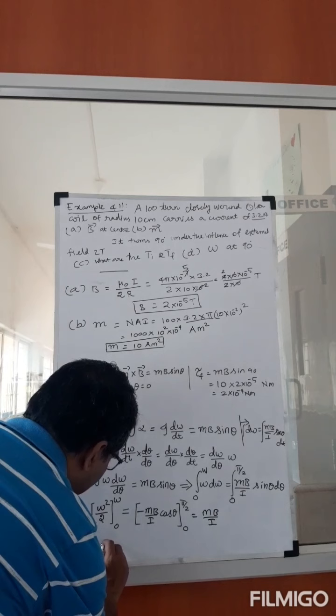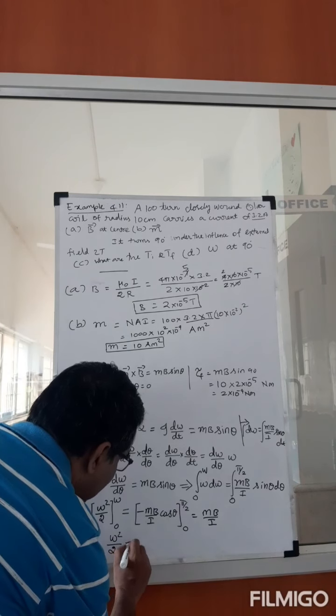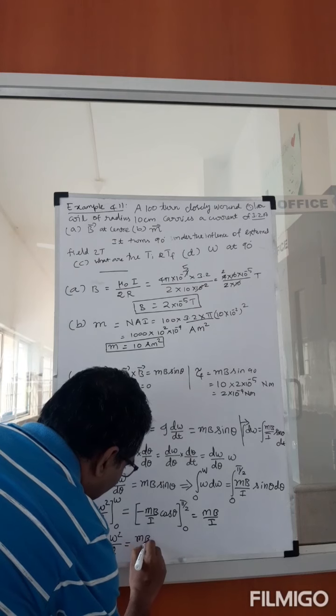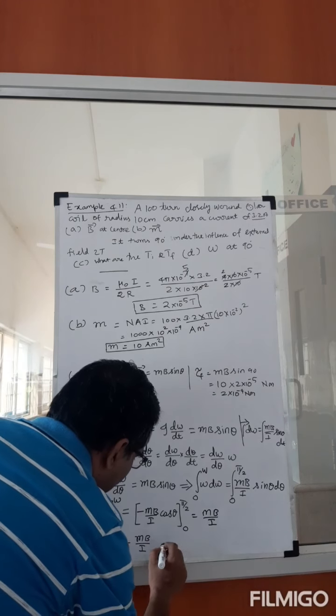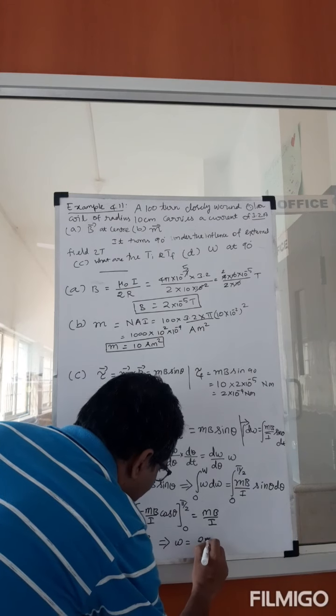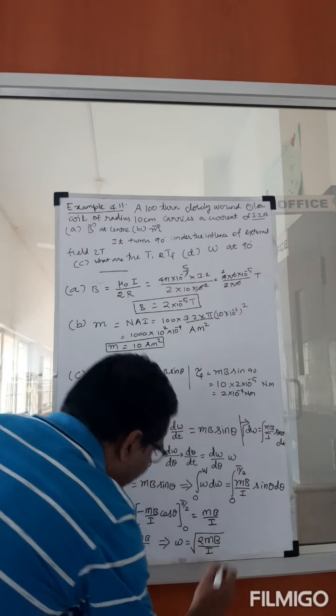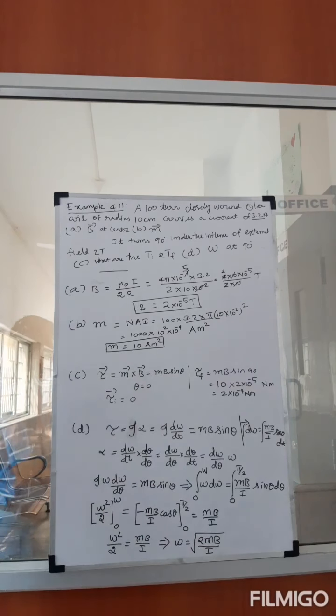So omega squared by 2 is equal to mB by I. That gives me omega equal to the square root of 2mB by I.